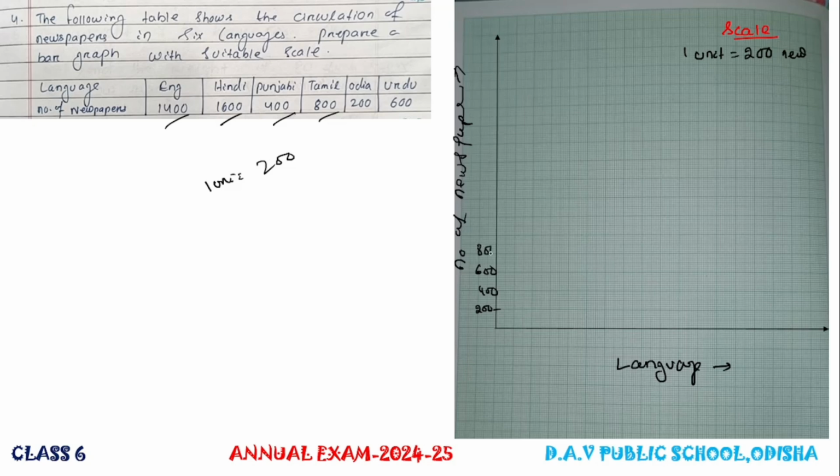Now the first one is 1 unit, this is 200, then 400, 600, 800, 1000, 1200, 1400, 1600, 1800. Yes or no? Now first we draw English, that is 1400. 1400 means this one.